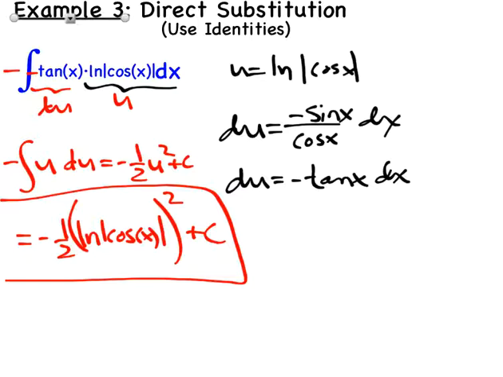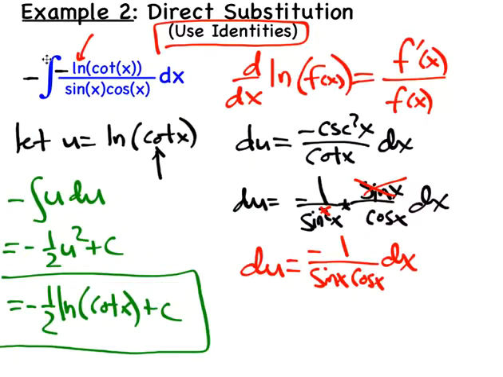And there's our answer for number 3. I'm just going back. I noticed that I forgot to put my square on here because this did have a u squared. I should have had that written in there. Just going back, making a correction.